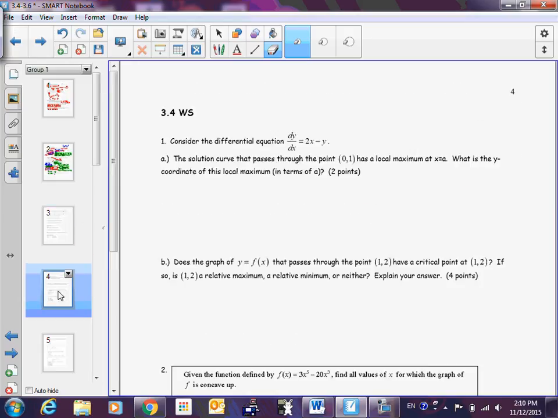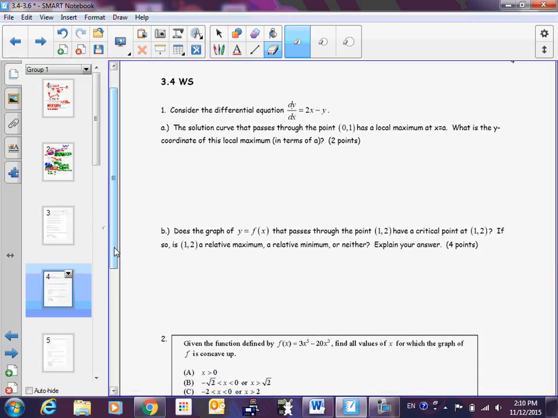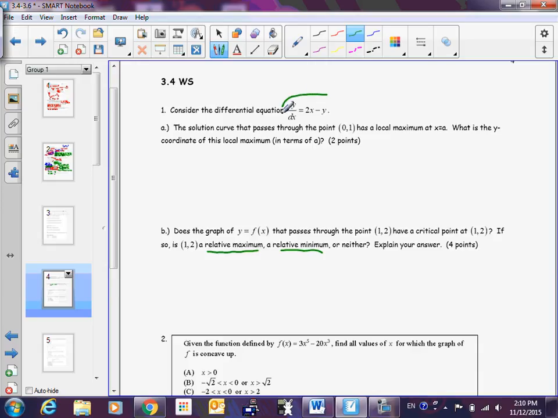Okay, I want you to turn the page and look at the 3.4 worksheet, because this is part of your homework. You're going to have some book work and then this. On this, we have an open-ended part of our problem, and at some point they're going to ask us about a relative max or min. But look at the type of problem we're dealing with.